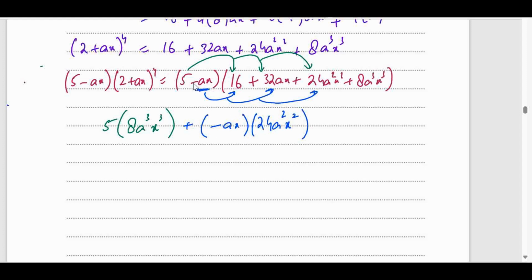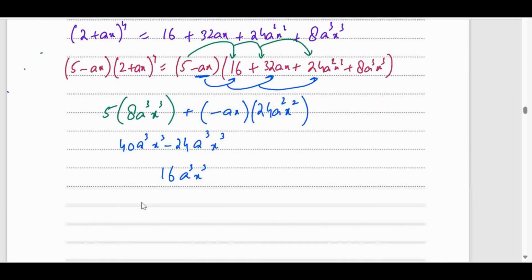This will be 40 a cube x cube minus 24 a cube x cube, and if we simplify it further, because these two are like terms, we get 16 a cube x cube. They are saying that the coefficient of this is 432.